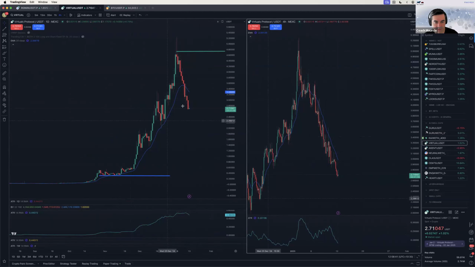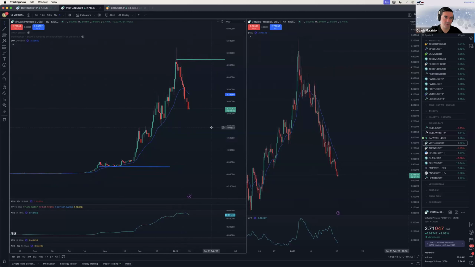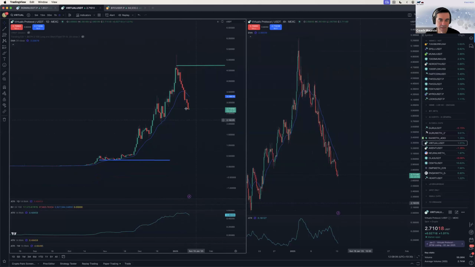Some of these agents are getting out of the platform, because the way Virtuals works, it's very good for launching an AI agent, and that's the market they appeal to. But now that the AI agents have more liquidity and market cap, apparently they're leaving the platform. I will have to confirm that. I was doing a little more research on this over the weekend, but that's where I'm at on Virtual.